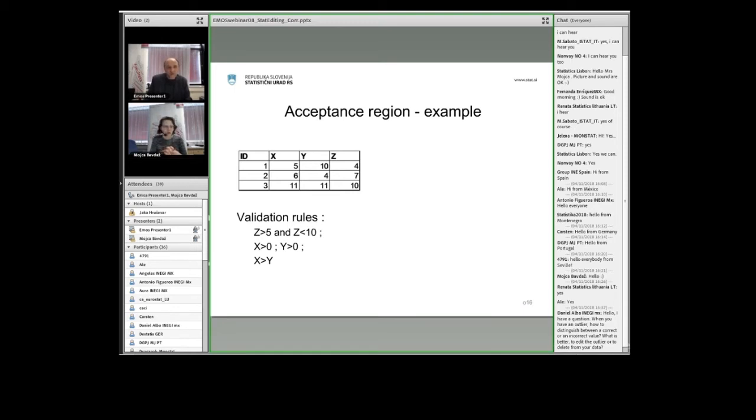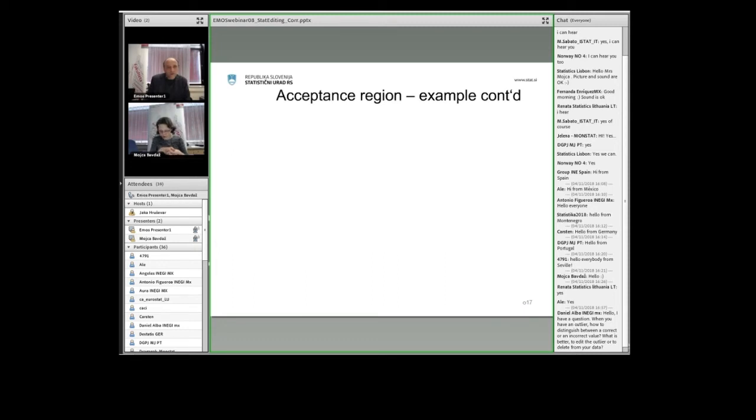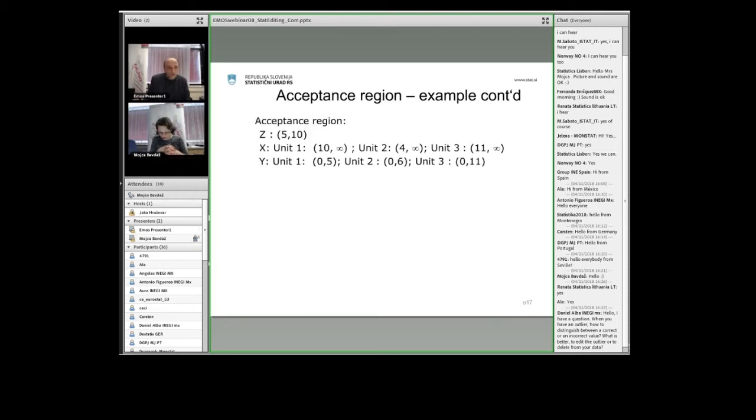The situation is a bit more complicated for X and Y because they are connected by the last validation rule, which says X should be larger than Y. If we try to find the acceptance region for each of these units, we can say Z is independent of the unit. The 5 to 10 interval is the acceptance region for all units. When X and Y are in question, each of these units has a different interval because it depends on the value of Y.